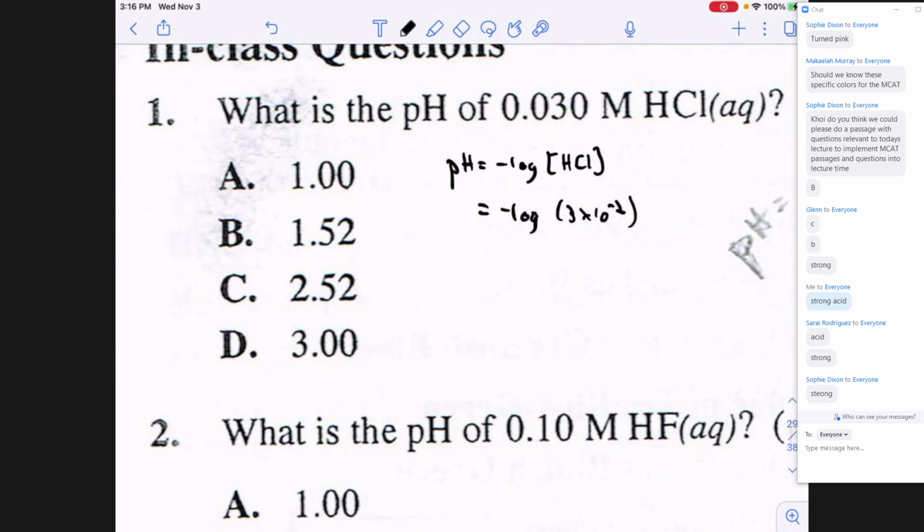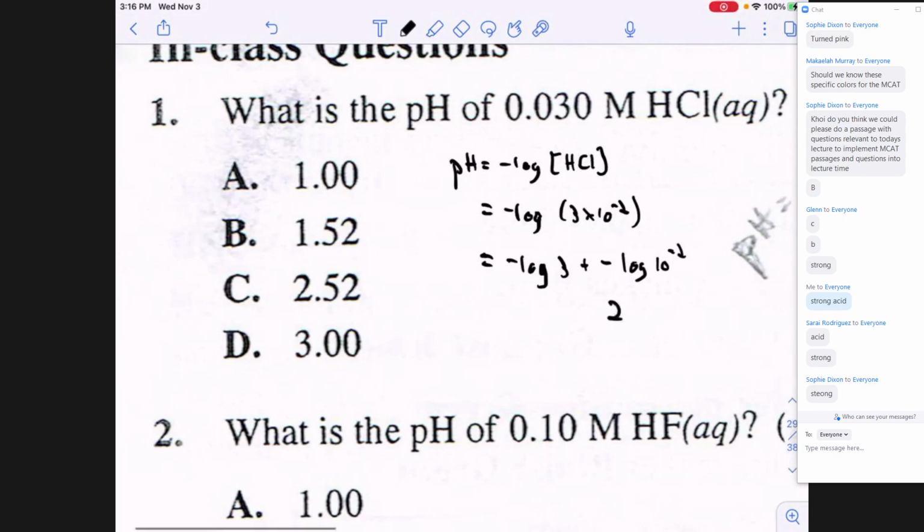Log product rule tells us that's negative log of 3 added to negative log of 10 to the negative 2. Log of A times B is equal to log of A plus log of B. So I can bring that negative 2 to the front. Negative 2 times negative 1 is 2. Log of 10 is just 1.